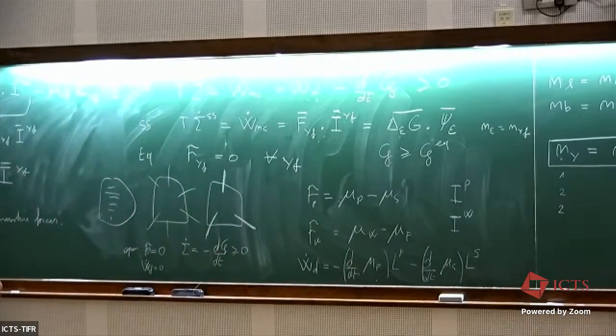Could you interpret this non-conservative work physically? If I maintain mu p equal to mu s and mu w equal to mu f, then these non-conservative forces you're saying are zero, but I would still have a non-zero IP and IW. Yeah.